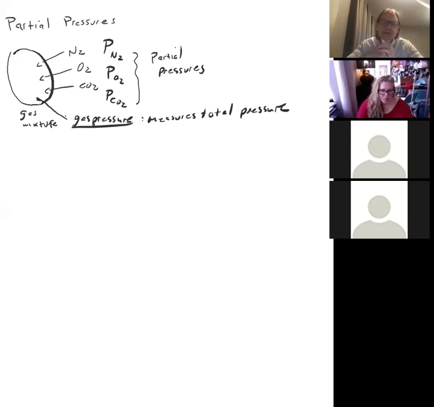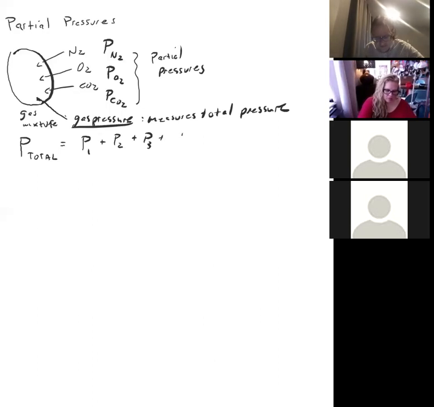So what we want to do is take a look at a problem where we find the partial pressure of each gas. I'm going to show you what the relationship is. There's a couple. The first one is that the total pressure, if you have a mixture of gases, is equal to the pressure of the first gas plus the pressure of the second gas plus the pressure of the third gas.